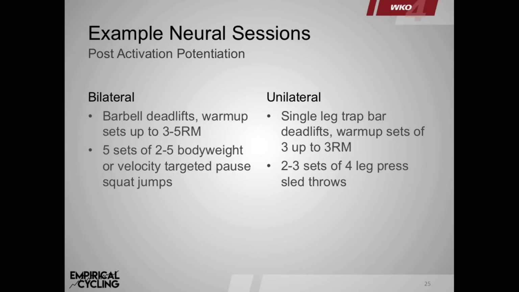So for example, a couple months ago, I was in the gym with some of my athletes, and I put my movement tracker on both of them, and the first exercise that we did was body weight pause jump squats. I remember both of them peaked at 4,000 watts, and then I had them do deadlifts up to their 3 to 5 rep max, because they both just happened to be experienced lifters, so I didn't give them trap bar.